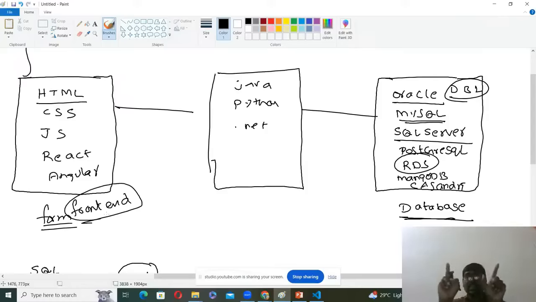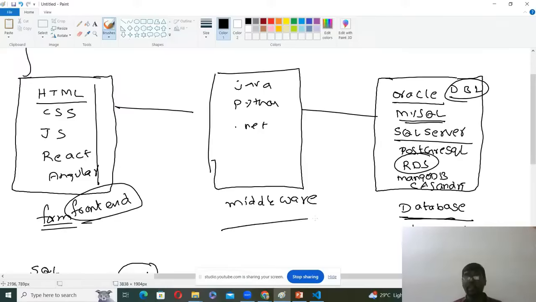The screen that is visible to you is the front end developed by these three. The place where our information is stored is called the backend, and to provide communication between the front and back, we use middleware.